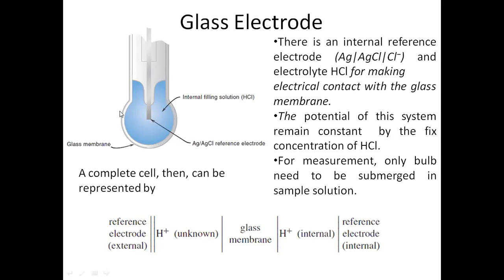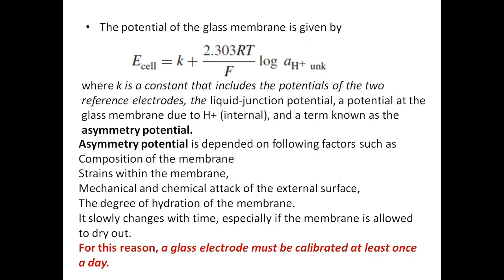Whenever we are going to measure the pH of any solution, we just have to immerse this glass bulb into the sample solution. Now the potential of the glass membrane we already discussed in the previous lecture. We can find it from this formula: E cell is equal to K plus 2.303 RT upon F log activity of hydronium ion.